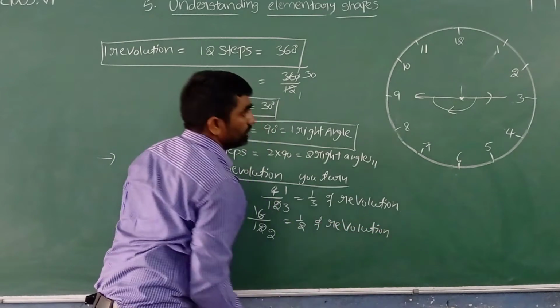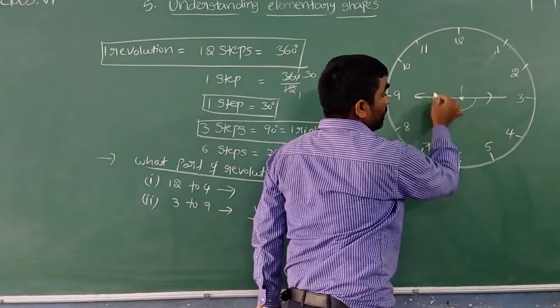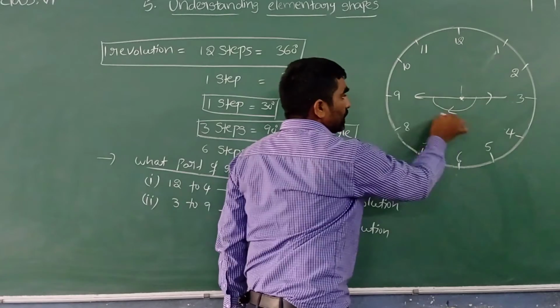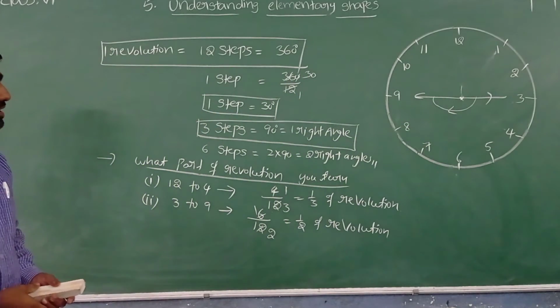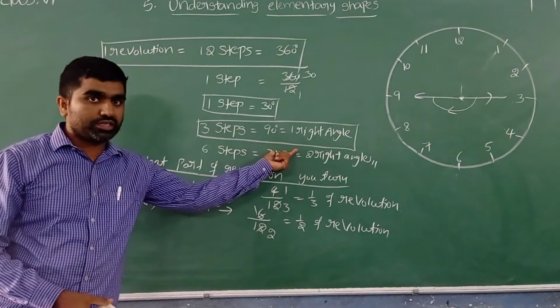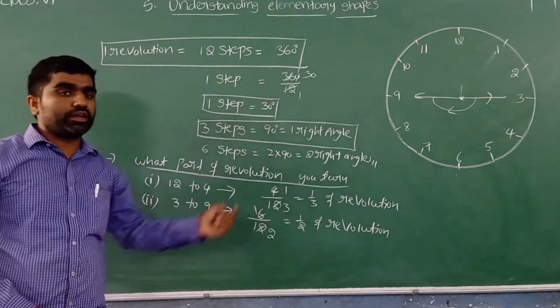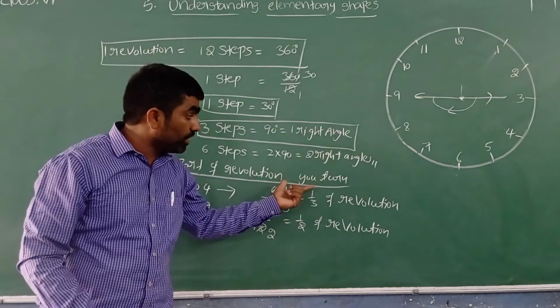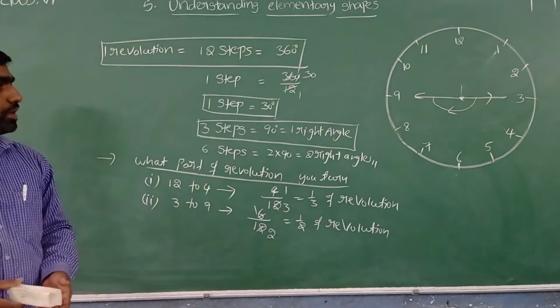If I turn from 9 to 3 again, it is a whole, one complete revolution. From 3 to 9, we consider it a half revolution. So that is the way we can find what part of a revolution we turn through from given timings. Hope you understood.